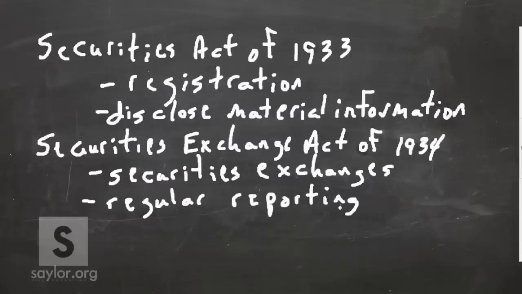Two parts here that are addressed. In the Securities Act 1933, when a company issues its securities, its stock, for instance, it's going to make a registration, it's got to disclose information. The 34 Act makes sure that's an ongoing situation where stocks are offered on public exchanges. That regular reporting is very important in terms of disclosures for investors.